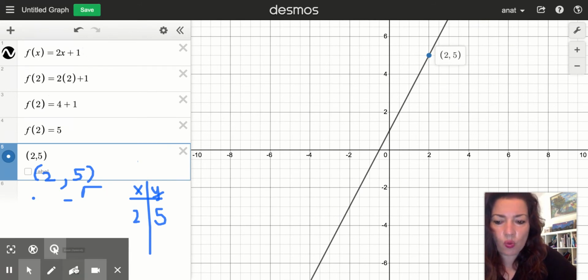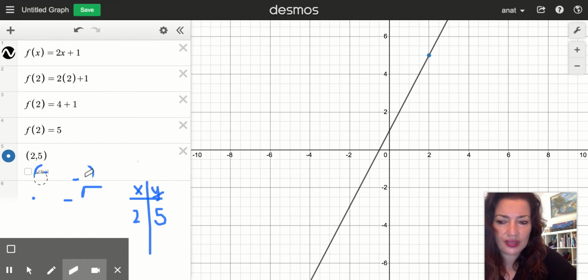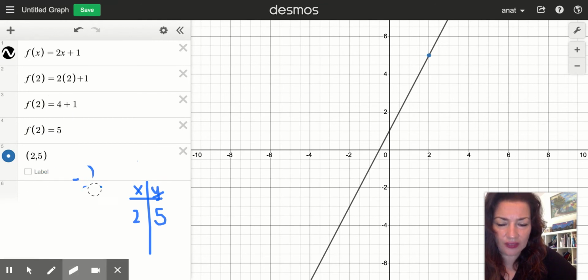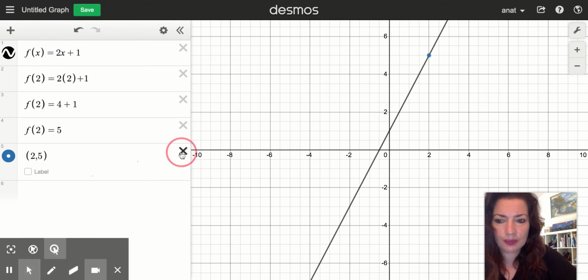All right. Now, what happens if you are given the output value and not the input? So be careful. A lot of times, students confuse the output with the input. So what do I mean by that? Well, let me show you an example.